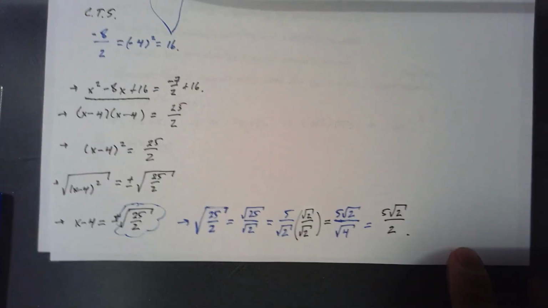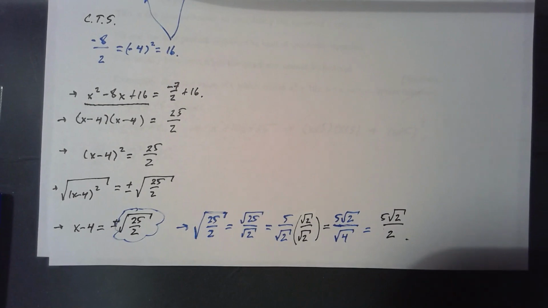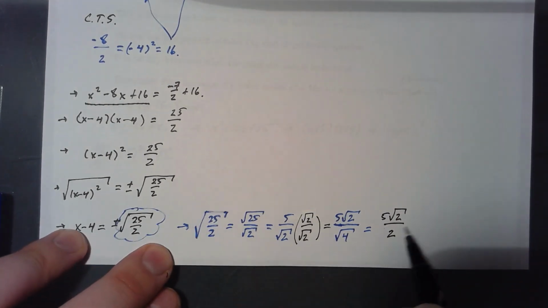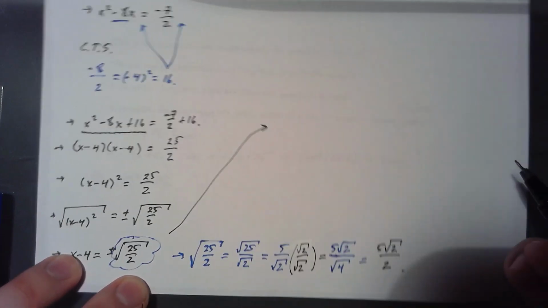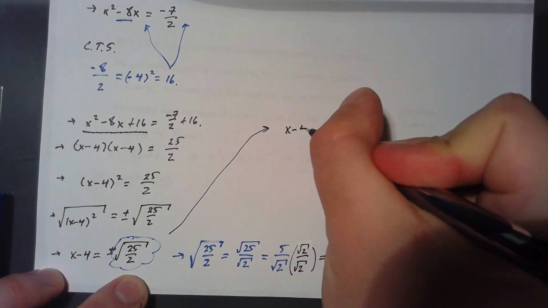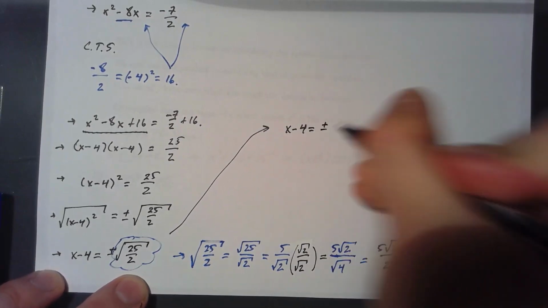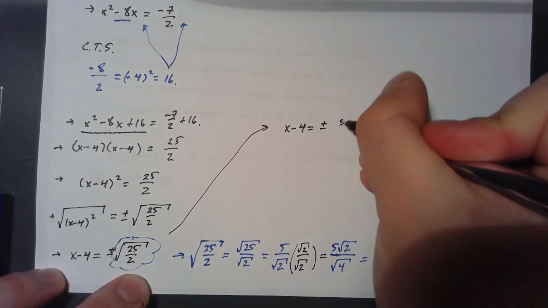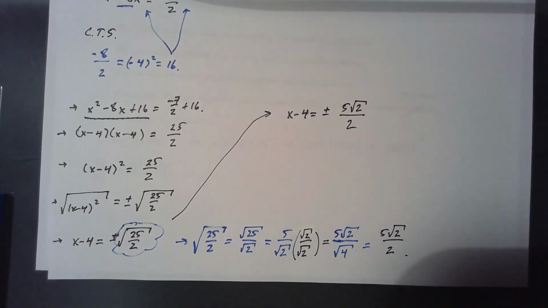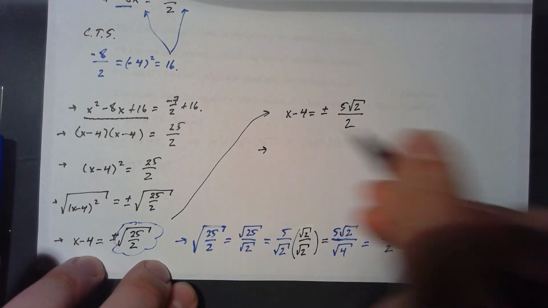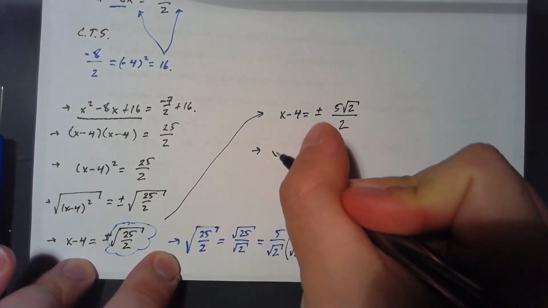So I have 5 root 2 all over 2. So yeah, that seemed like a lot, but it really isn't. This number simplifies to be this number. So when I come back up here, I'm going to have x minus 4 equals plus or minus 5 root 2 all over 2. And now, from here, I could solve for x by adding 4 to both sides.